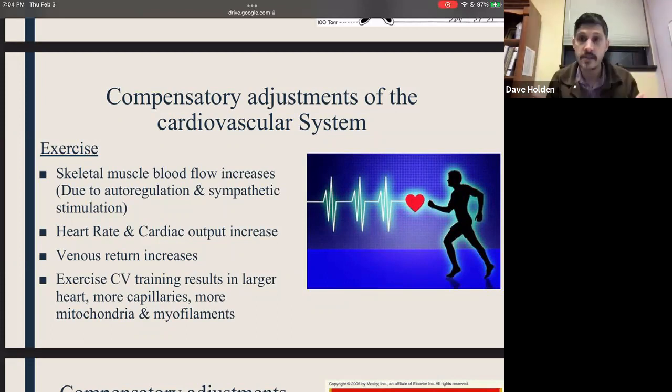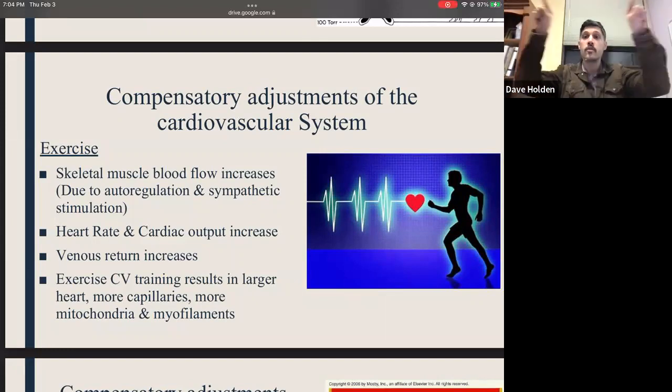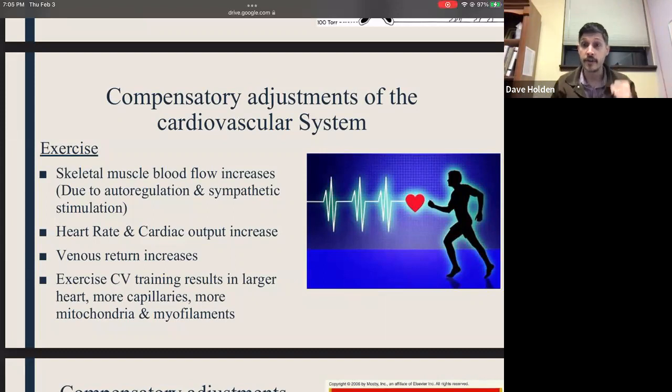So when you exercise, as we all know from playing at recess, your heart rate goes up. When your heart rate goes up, cardiac output increases. How many gallons is your heart pumping every minute? That amount goes up when the heart rate goes up. Because there's more blood flowing, and you're moving your legs, now there's also more blood returning to the heart.